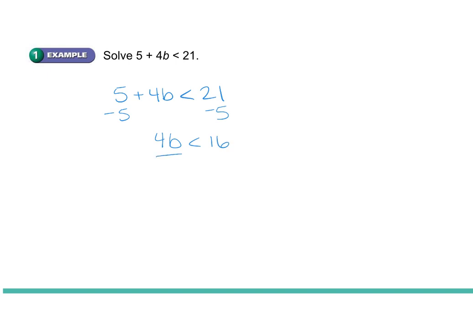Then we need to divide both sides by 4. So b is going to be less than 4. All right, it only asked us to solve this. It did not ask us to graph.